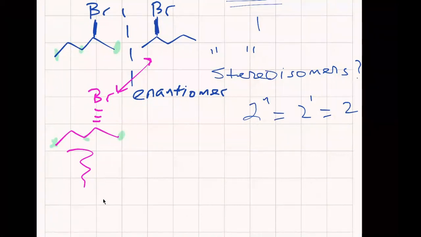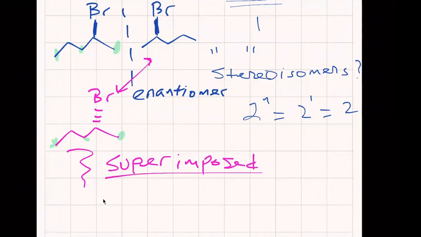When I draw it this way, I'm drawing the superimposed image. So I can lay it on top of the other image. You following? I can lay this one on top of this one.